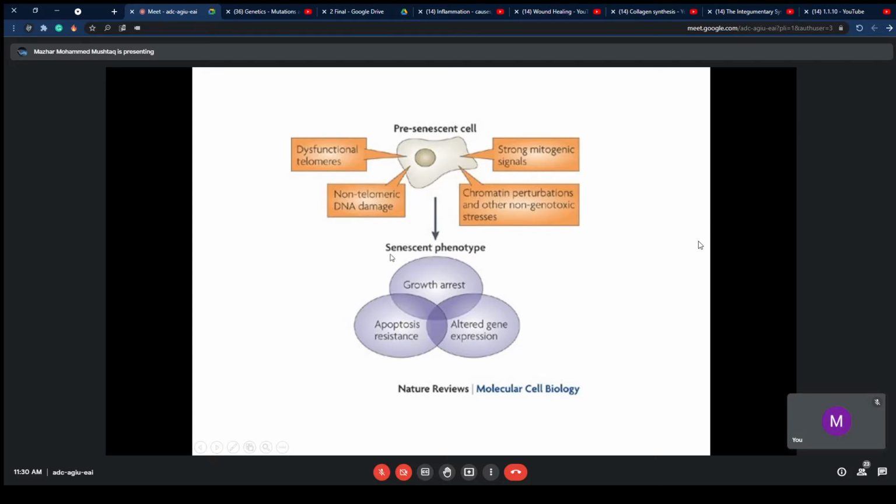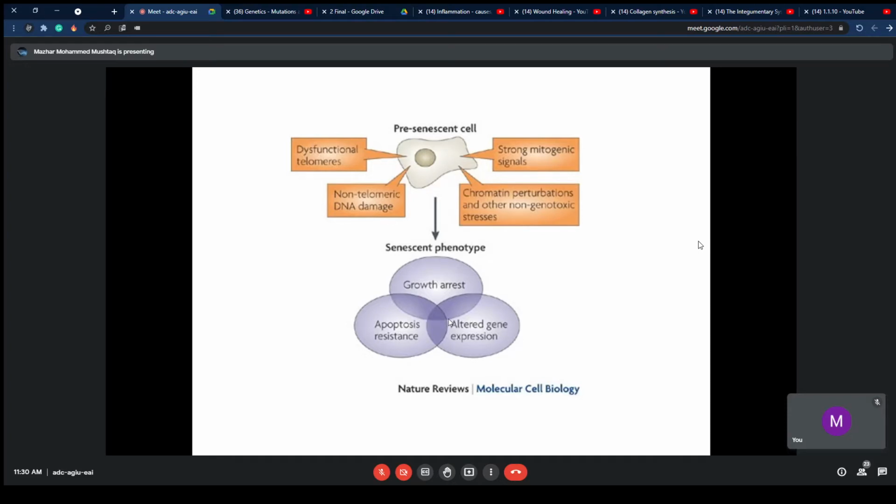What happens in the senescent phenotype is that there is arrest of the cell cycle. You all know what the cell cycle is. Growth is arrested, gene expression is altered, and the cell is apoptosis resistant. All these three things act on the senescent cell, and eventually it shows the effect as a phenotype.